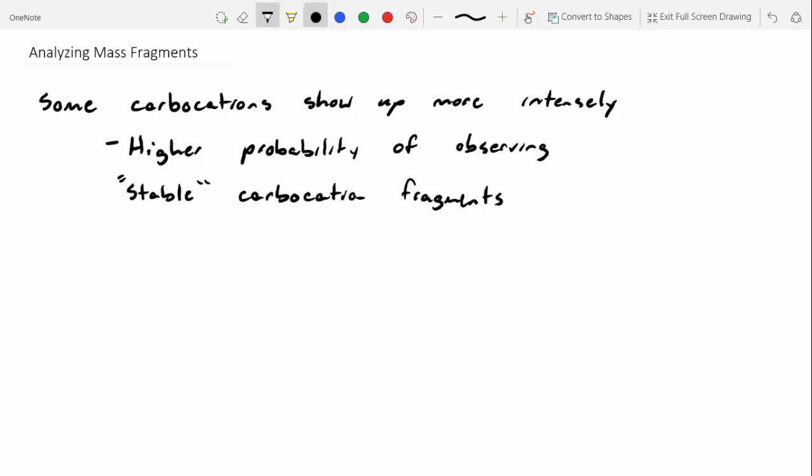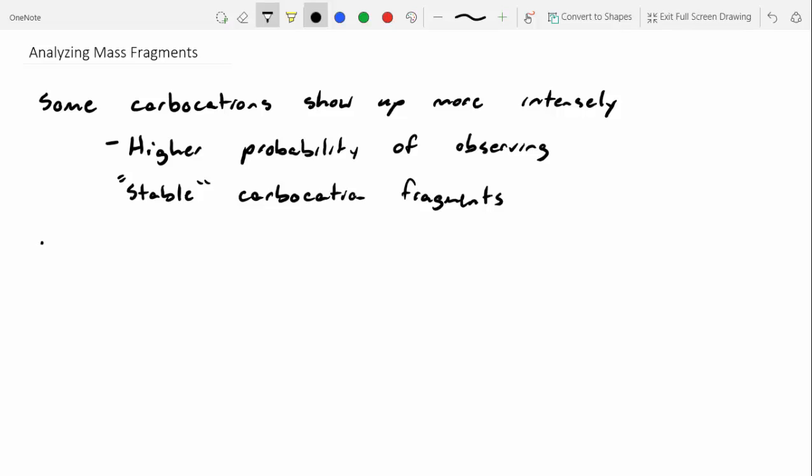So typically primary carbocations don't show up at a very high relative abundance, but tertiary carbocations might. Same thing with allylic carbocations. Allylic carbocations are quite stable due to resonance, so they may show up super intensely.